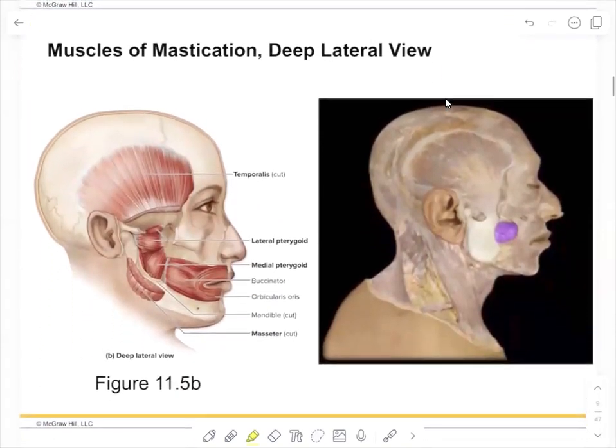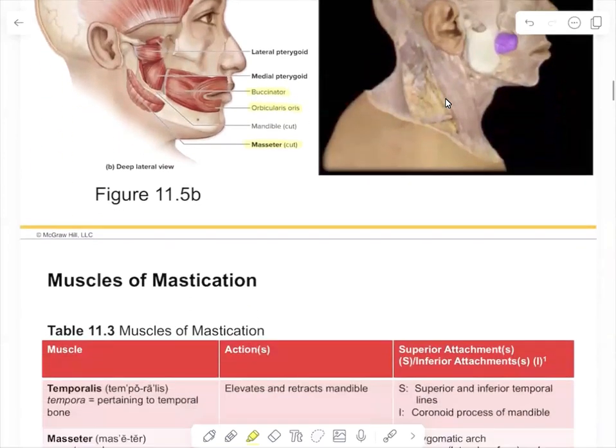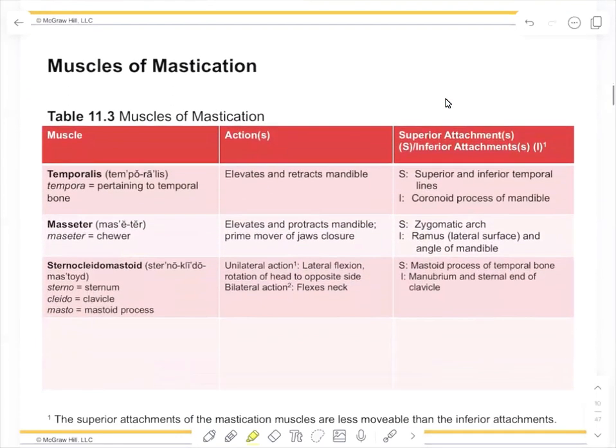This is showing a deep lateral view of some of these muscles, again with the view of the buccinator on the right-hand side of the slide. We also see the temporalis, the orbicularis oris, and the masseter. The muscles that I'm purposely not highlighting are the ones that you're not responsible for. For the temporalis muscle, it elevates and retracts the mandible.